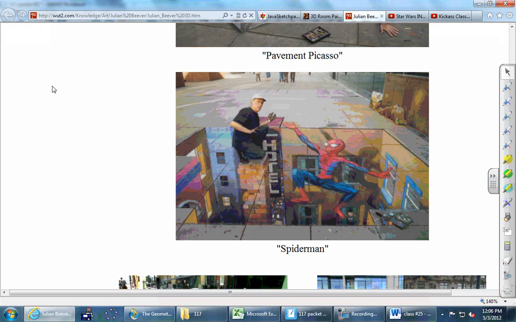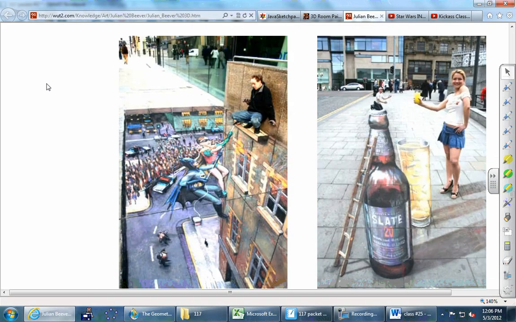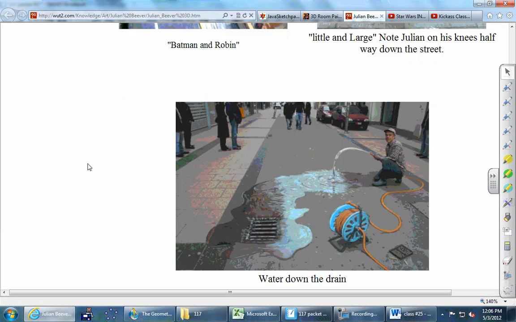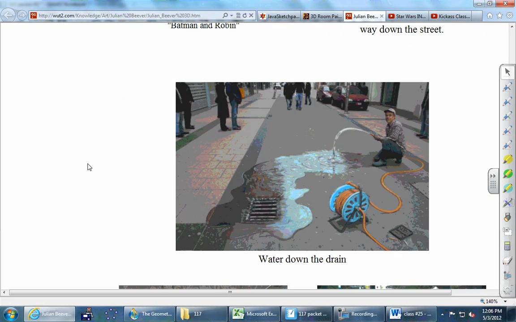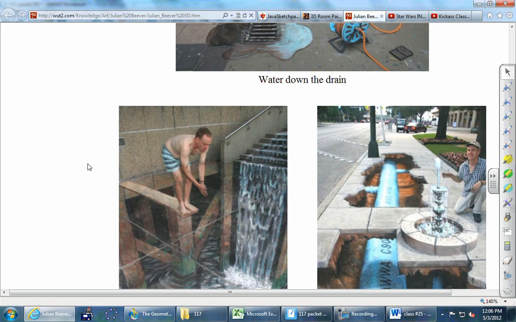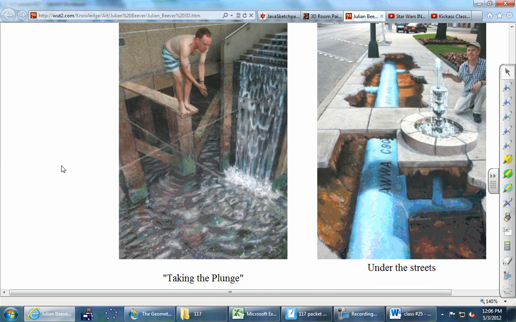That's one of my favorite ones right there. I would swear that that sidewalk is see-through. And then you gotta watch out down below. That's pretty impressive, I think.